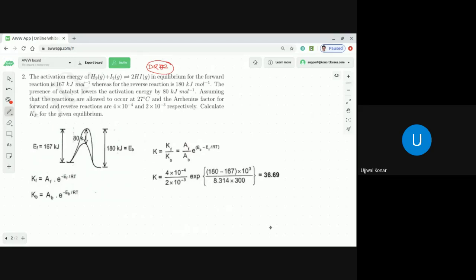Pratik, maybe you got 36.8. I think due to approximation that happens, right? Yes, sir. Dear Tejas, please have a look into it.